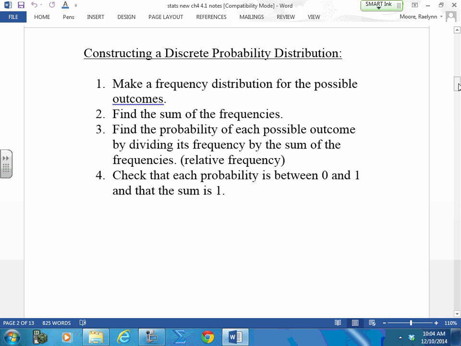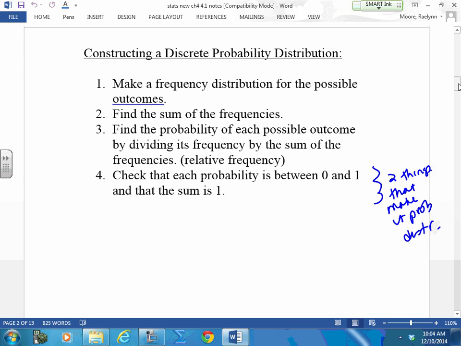That's your relative frequency. And we're checking the two things that make it a probability distribution: that the sum of all the parts adds up to 1, and that each probability comes between 0 and 1.